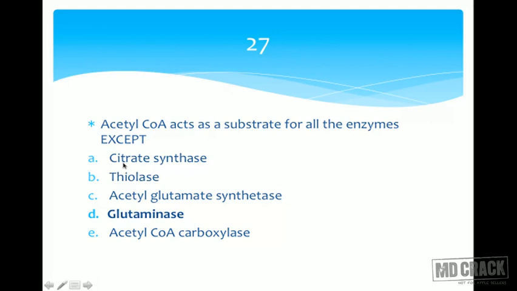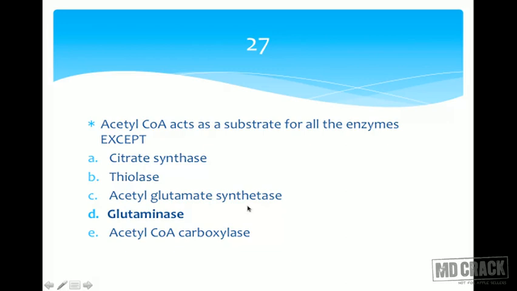Let us see. Citrate synthase, yes, acetyl-CoA plus oxaloacetate to form citrate, the first reaction of the TCA cycle. Thiolase, we are talking of the reversal of beta oxidation, or even in ketone bodies, thiolase is used for the further action of acetyl-CoA.